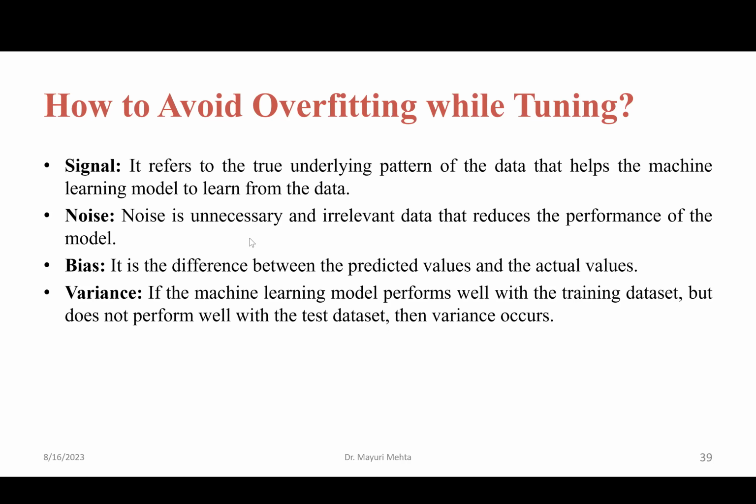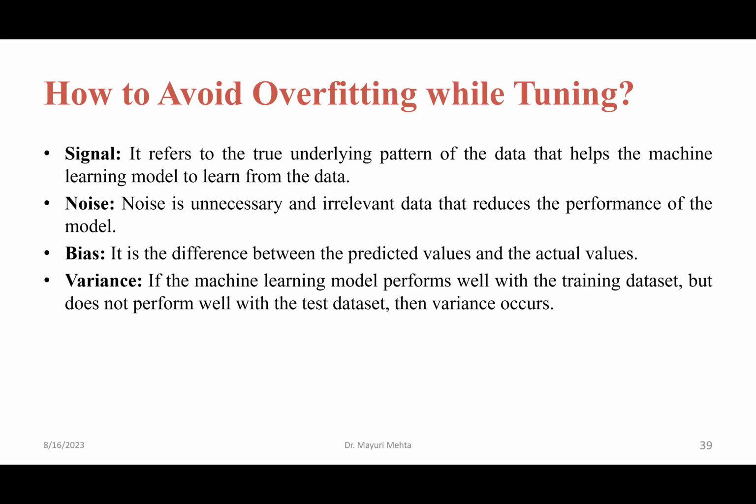It is the difference between the predicted values and the actual values. That is, the difference between the value predicted by your machine learning model and the actual value associated with that input data. Let's assume it is labeled data.